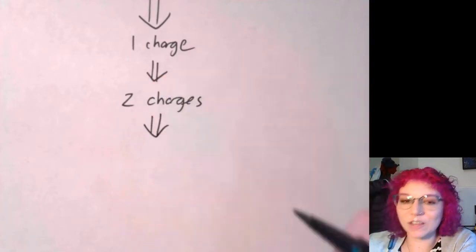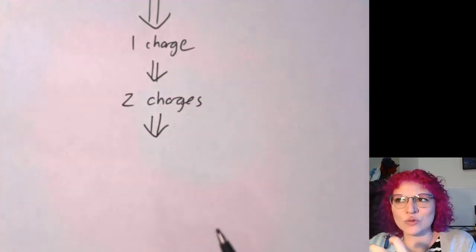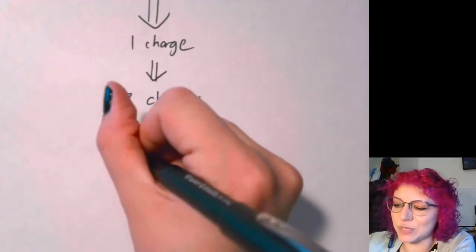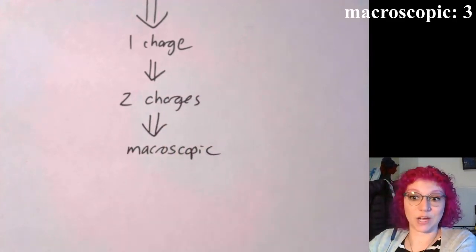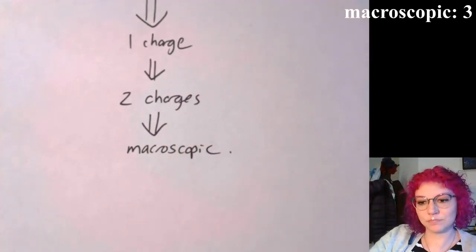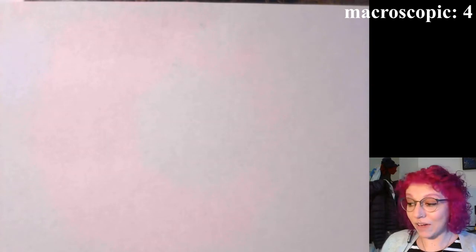Now, let's start to scale this up so that it's a little bit more macroscopic. To understand these concepts more macroscopically, we have to have a good foundation in how the smaller pieces interact, right?